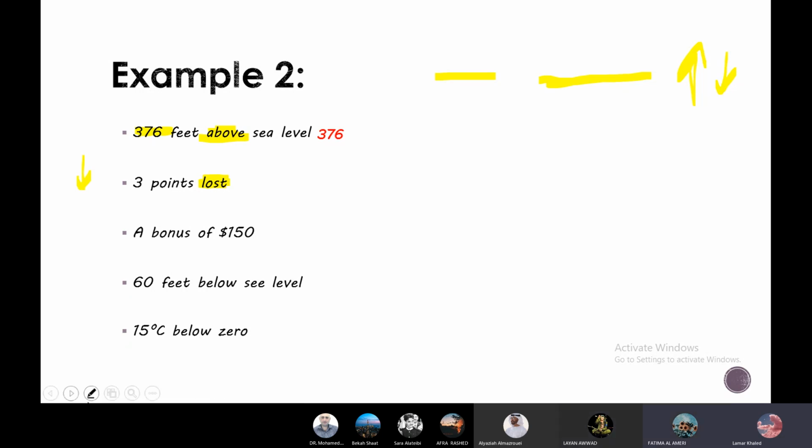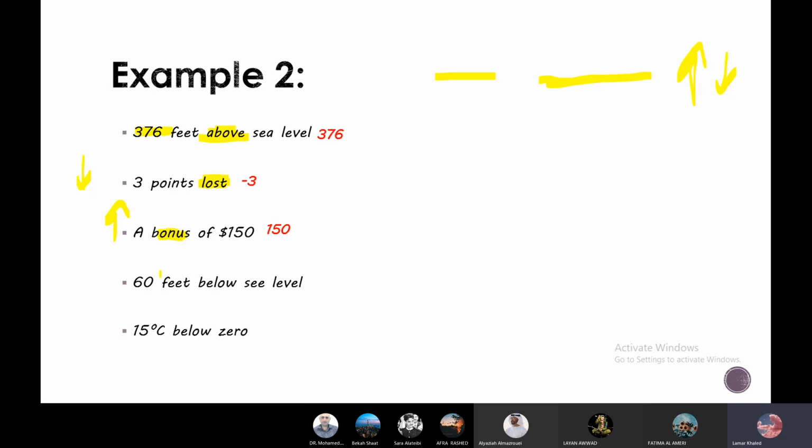Negative, -3. Thank you very much. How about a bonus of $150? A bonus represents increasing or decreasing? Increasing. Yes, so Fatima, the answer will be 150, negative or positive? Positive. Thank you very much.